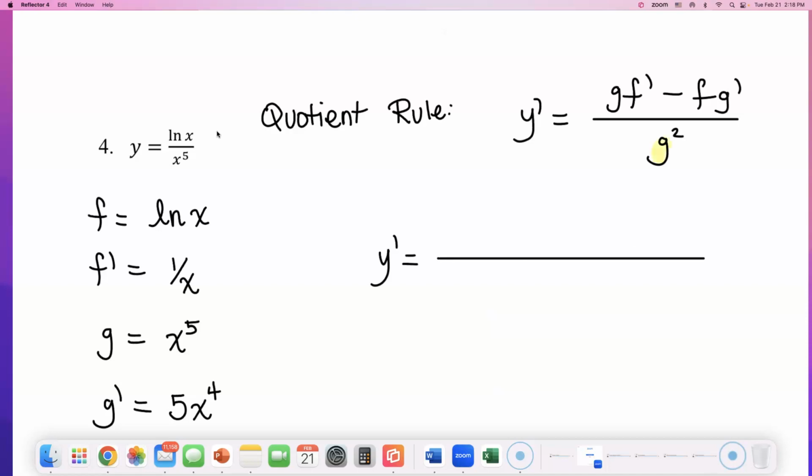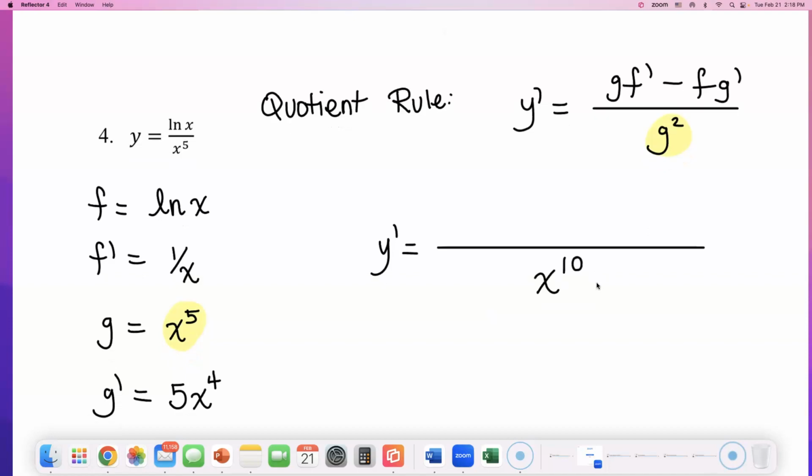G is x to the 5th power. So if you square x to the 5th power, see what happens. When you take power of power, you can multiply exponents. So 5 times 2 will give you 10 as the new exponent. So I'll put x to the 10th in the denominator.